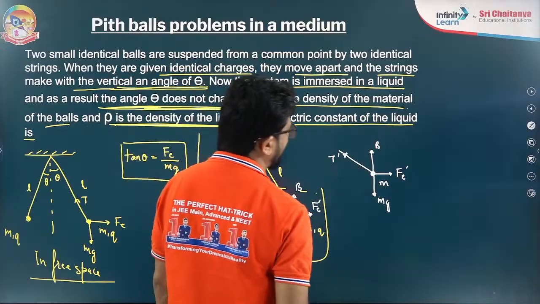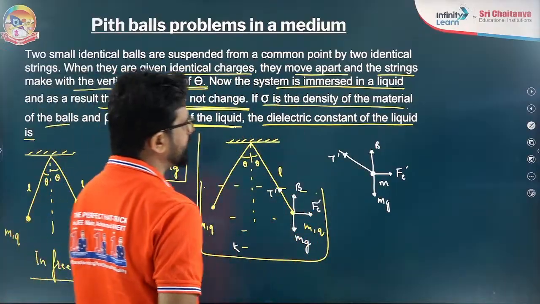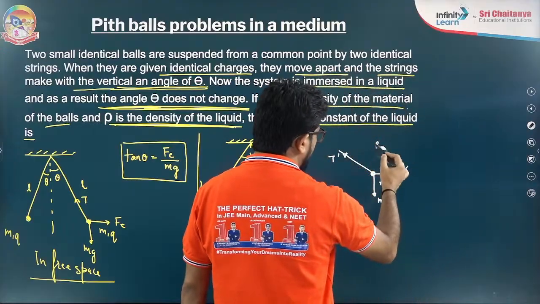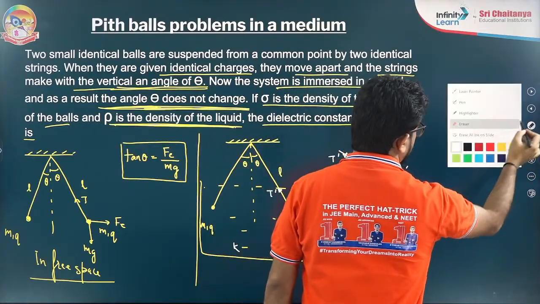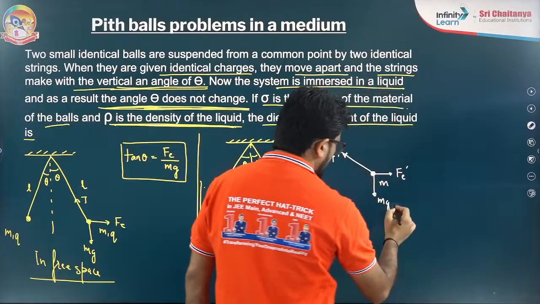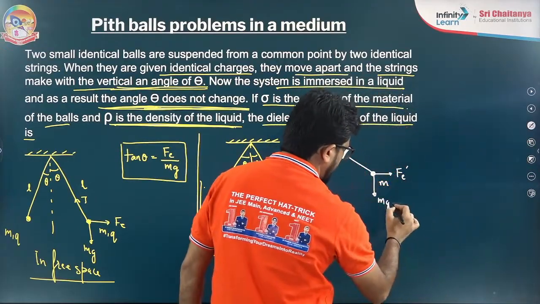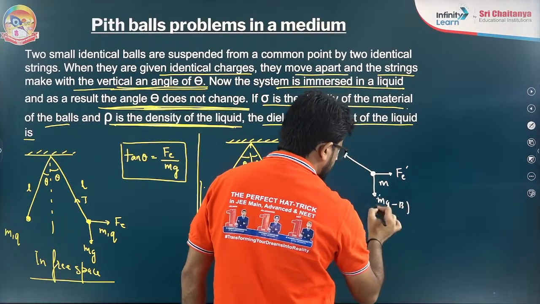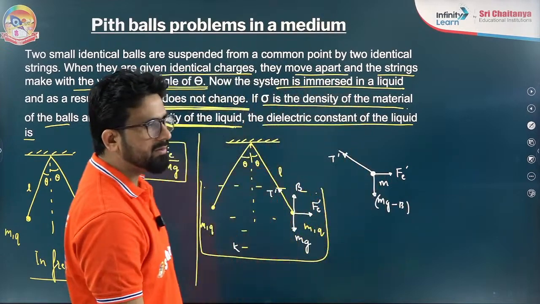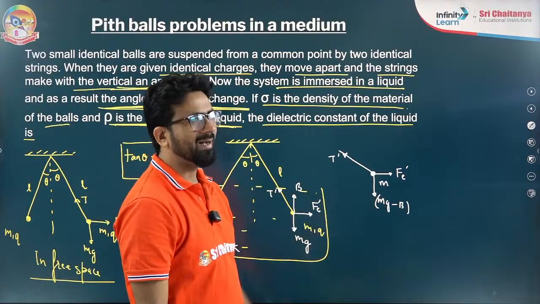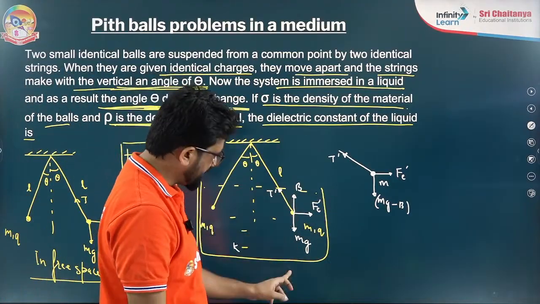We can take the effective force. So what is the effective force? It is mg minus the buoyant force, the vertically downward force, because the buoyant force is upward and mg is downward.